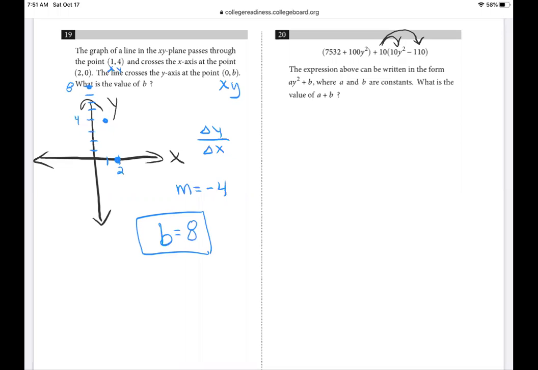Another way that you could do this is to calculate the slope from the 2 points. So the formula you may recall, y2 minus y1 over x2 minus x1. If you label your 2 points, you have your first x and your first y, and then your second x and your second y.